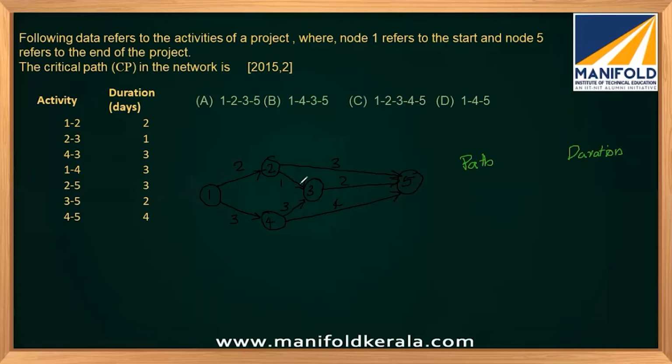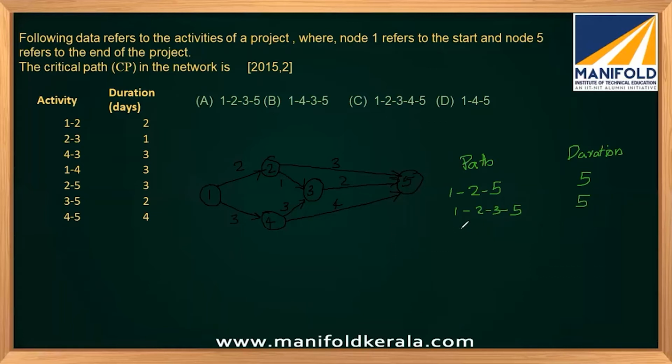So first is 1, 2, 5. The total duration is 2 plus 3, which will be 5. Second is 1, 2, 3, 5. The total duration is 2 plus 1 plus 2, which will also be 5.